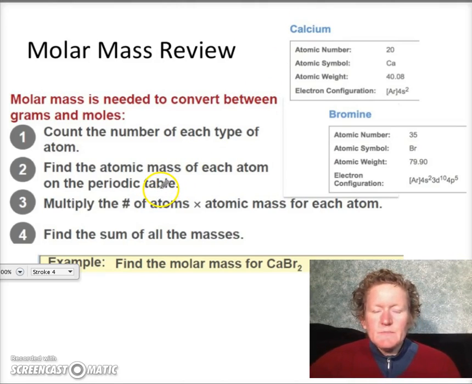Sometimes we need to go between grams and moles, so let's take a second to think about molar mass. Molar mass is how many grams 1 mole of an element or compound weighs. You can look on the periodic table to figure out the atomic mass.